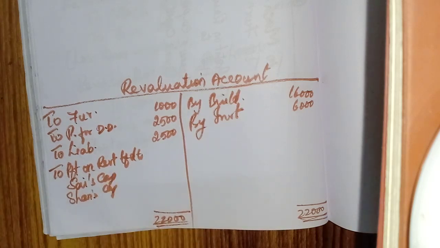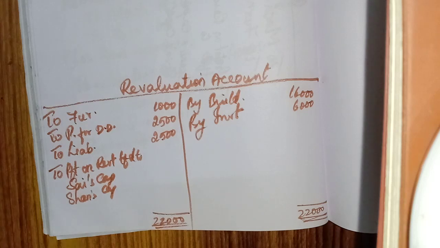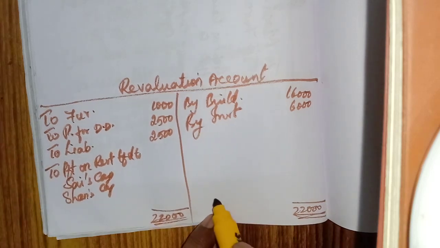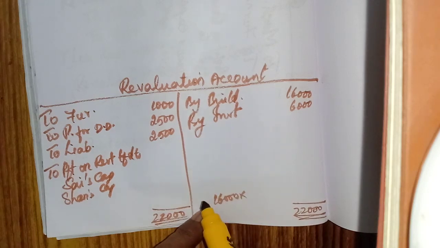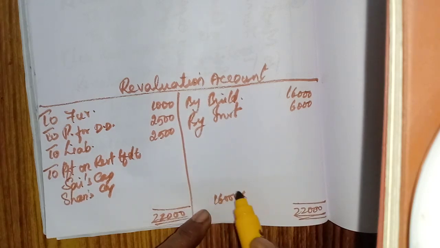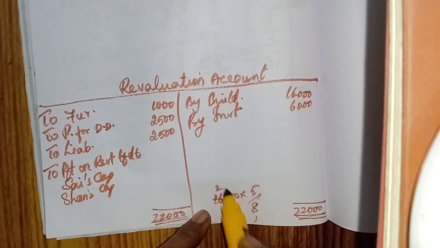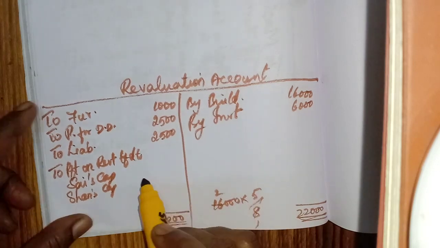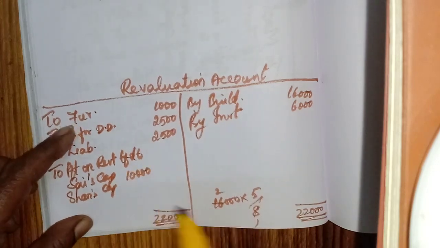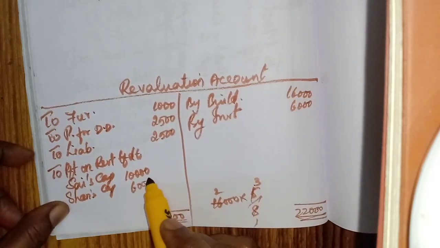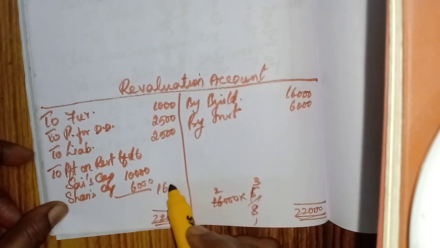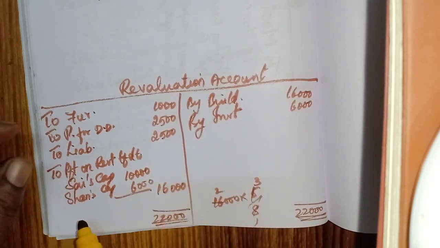How do we have to distribute? 16,000 into the profit sharing ratio 5 by 8. Here 1/8, 2 8s. 2 5s are 10. So 10,000. Then the next person, 3. So 2 3s are 6,000. So now 16,000. Now we have to write the entry here.